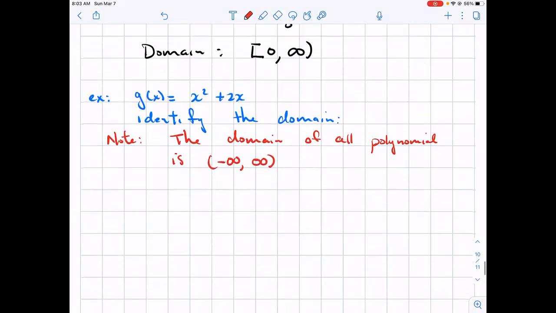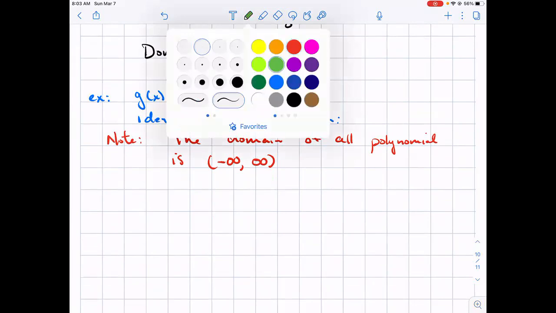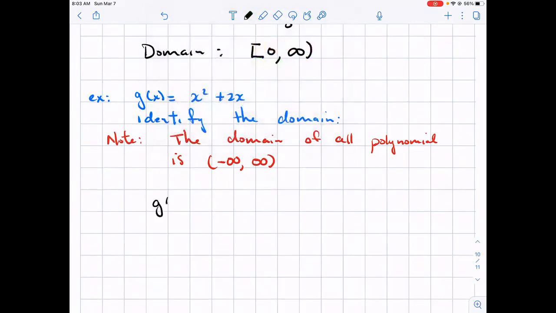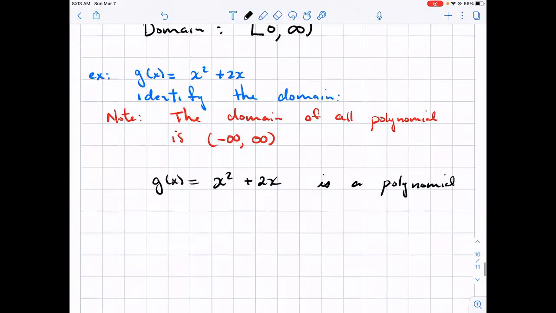Since g of x equals x squared plus 2x is a polynomial, therefore the domain is minus infinity to infinity.